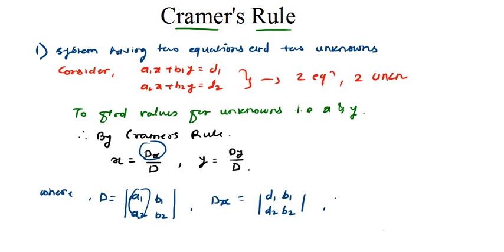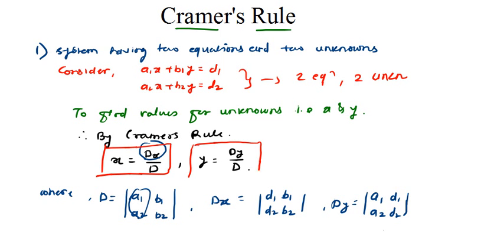And in this Dy determinant there will be a1 and a2, but instead of the coefficients of y, there will be d1 and d2. So using these two formulas for x and y, we can easily solve the system of linear equations which contains two equations and two unknowns using Cramer's rule.